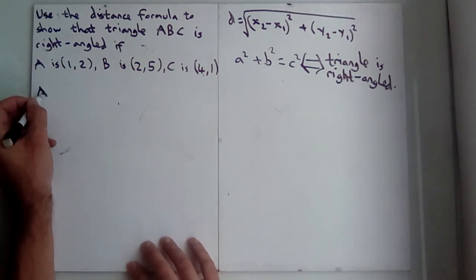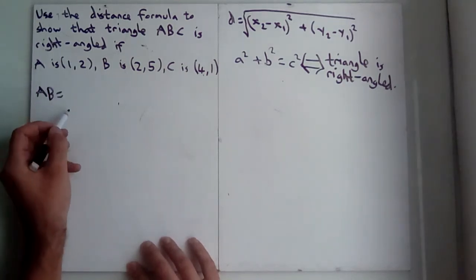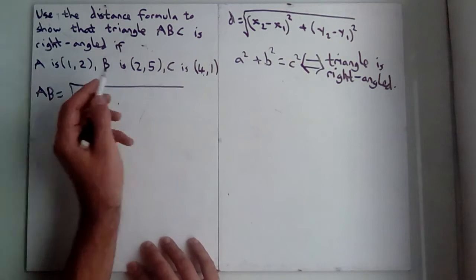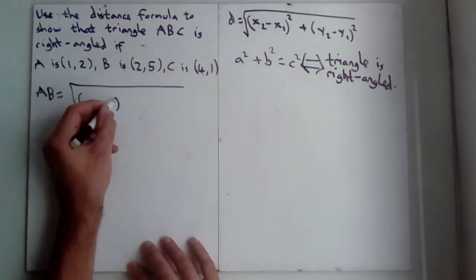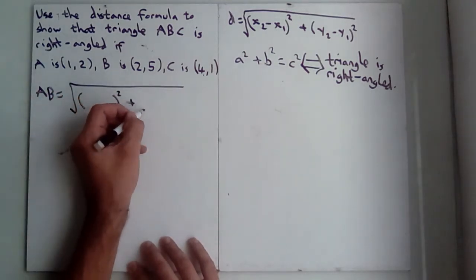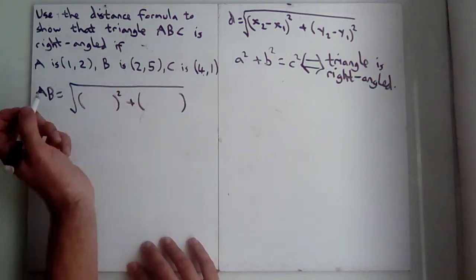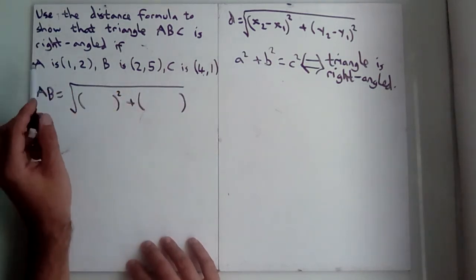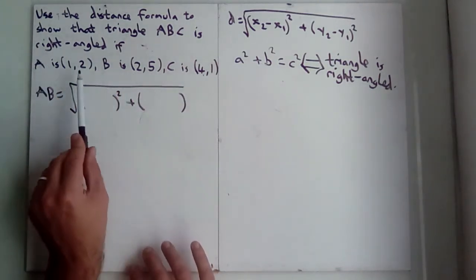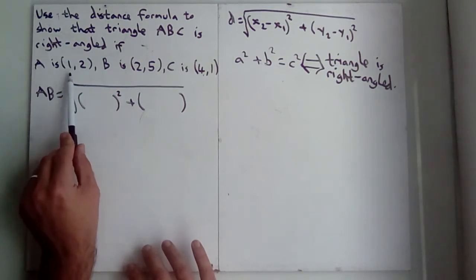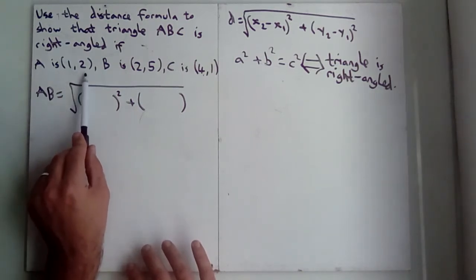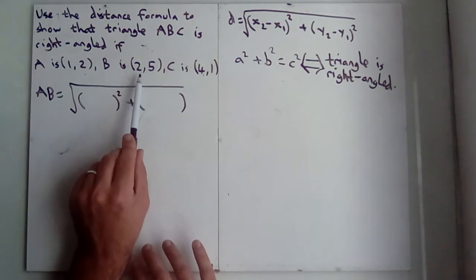So AB equals the square root of (x2 minus x1) squared plus (y2 minus y1) squared. For AB we're going to use x1, y1 as 1, 2 and x2, y2 as 2, 5.